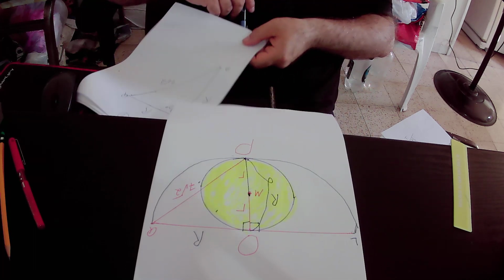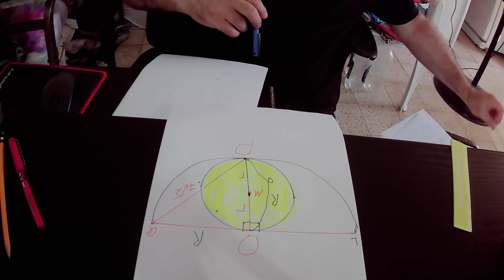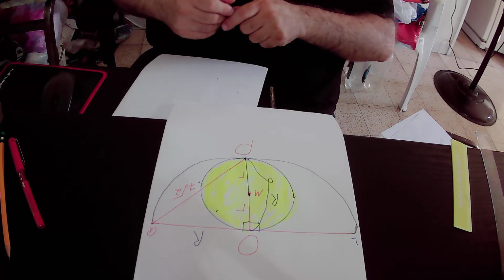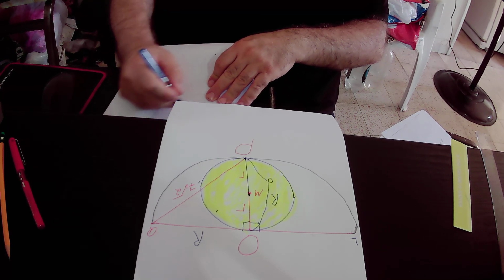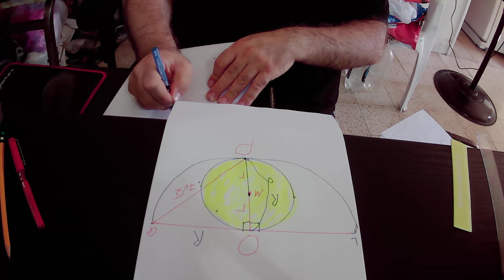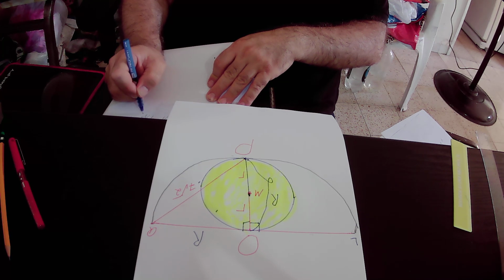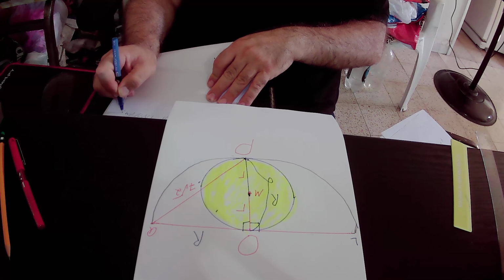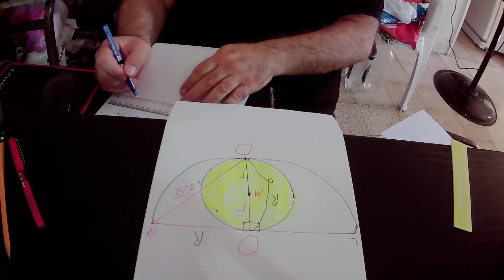And actually the Pythagorean theorem states that the Pythagorean theorem relates only to right triangles.